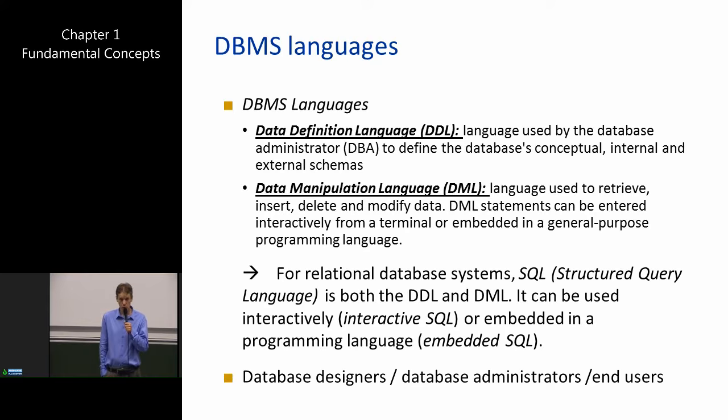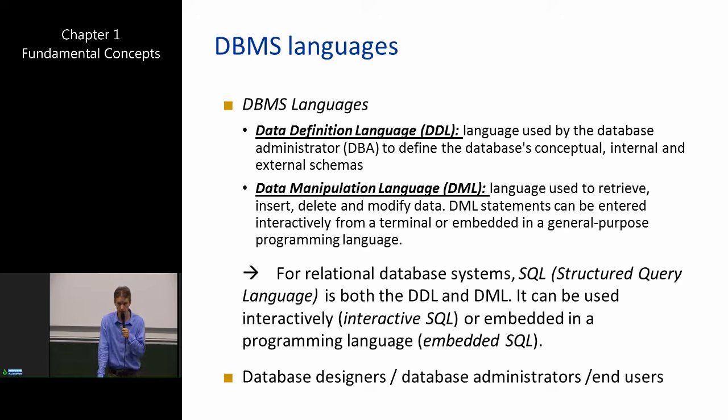In order to appropriately implement this, we will need DBMS languages. Languages that will allow us to define all these concepts, that will allow us to define all these constraints, and that will of course also allow us to define those three levels. And DBMS languages can be categorized into two types. First of all, we have a data definition language, or DDL. This is the language used by a database administrator, or DBA.